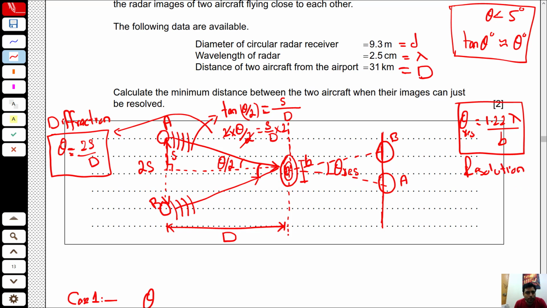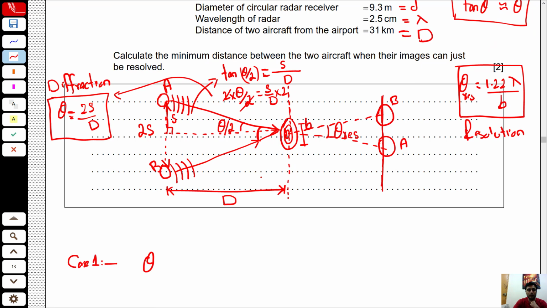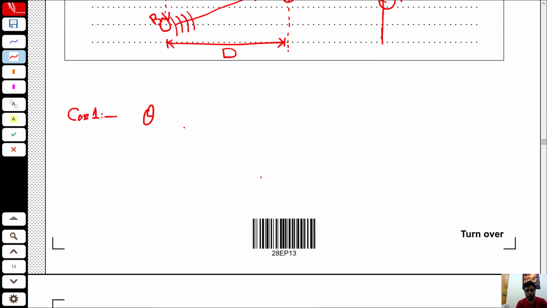The angle of diffraction, theta, is the total length divided by this length. This is not given in the data, so just derive it once, then remember it. When it comes to the angle of diffraction, there are three possible cases.